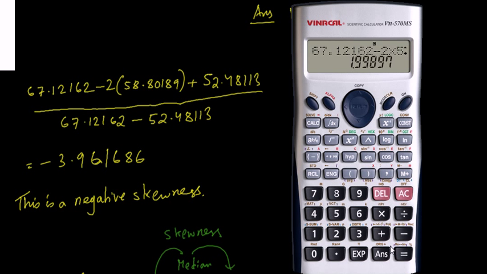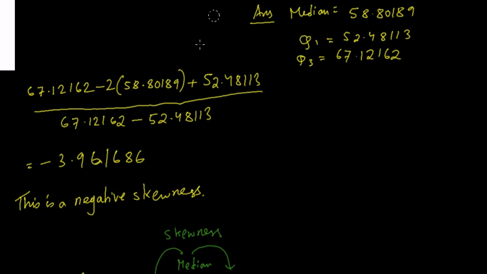This equals this. Okay, last time there was a mistake in the calculation, so divided by bracket 67.12162 minus 52.48113 bracket close. So it should be 0.1365.